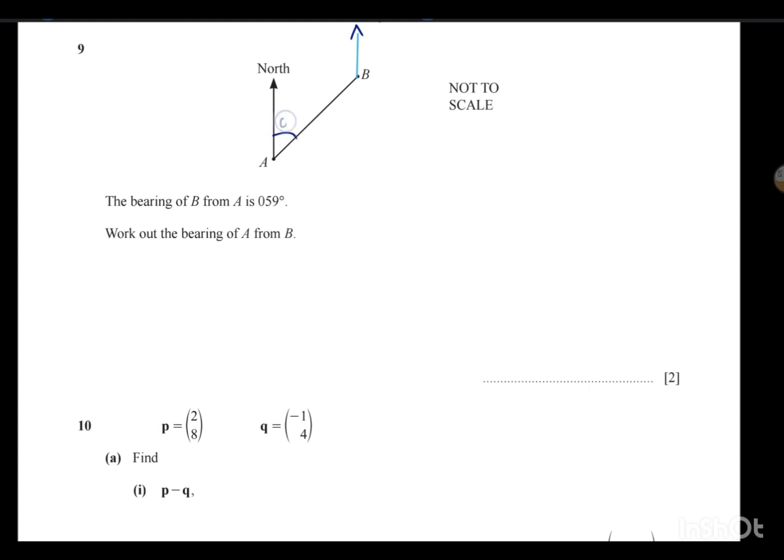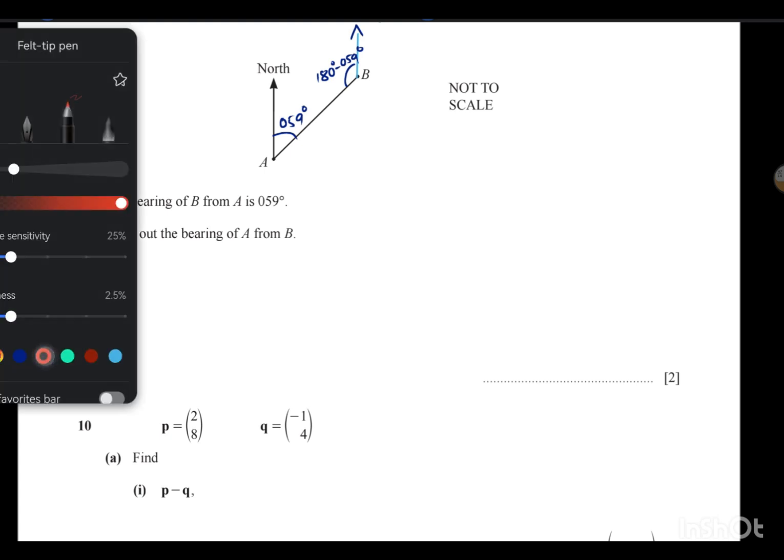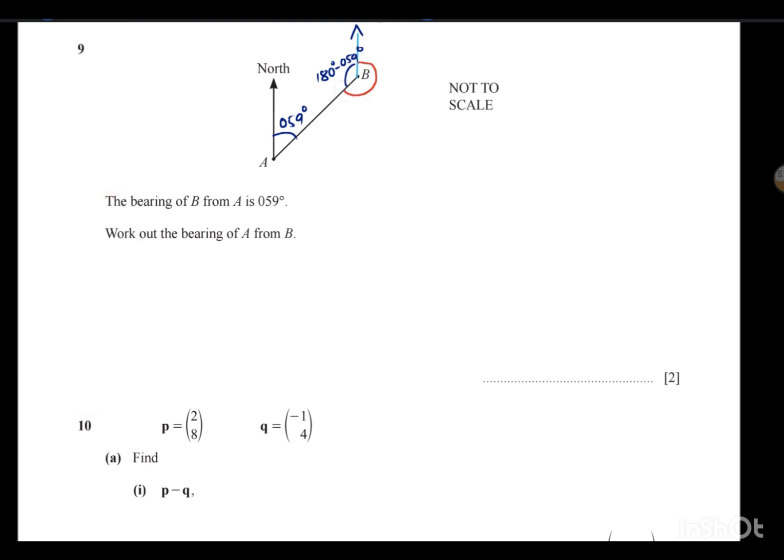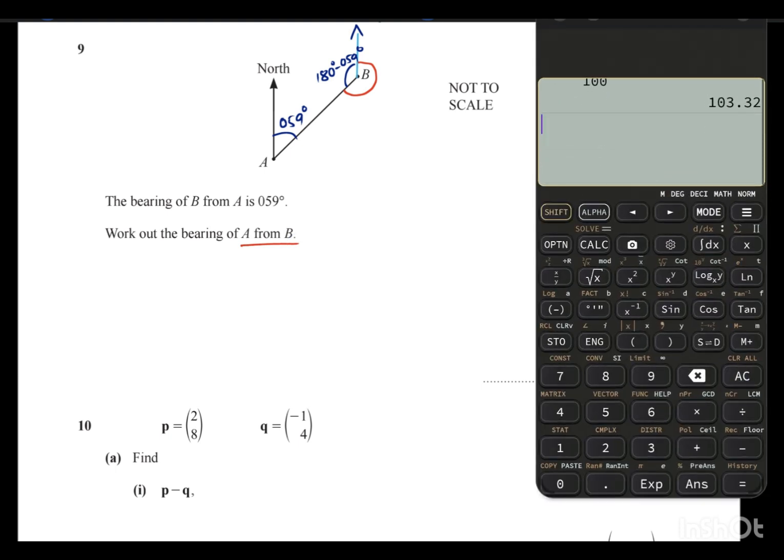So when this is 059, this is 180 minus 059. Okay. So this remaining angle will be the bearing of A from B. So first do 180 minus 059.